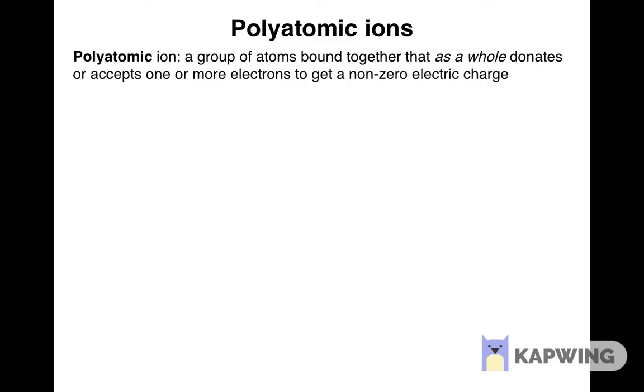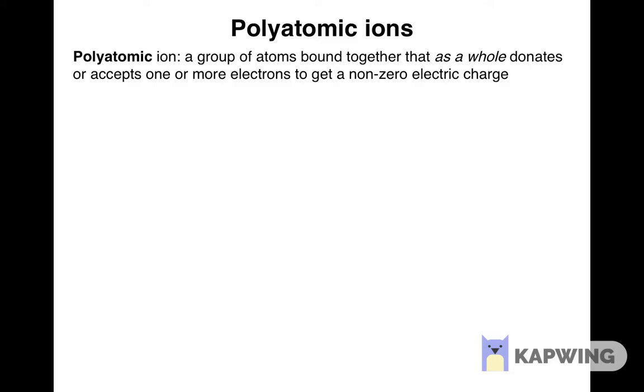However, the atoms that form the polyatomic ion do not dissociate from each other because they are connected by covalent bonds, just like atoms in molecules. Instead, the polyatomic ion drifts in solution as a whole.